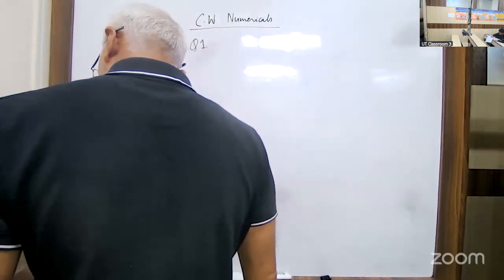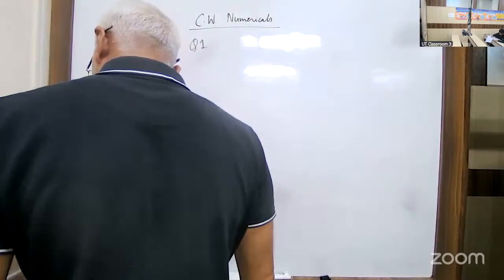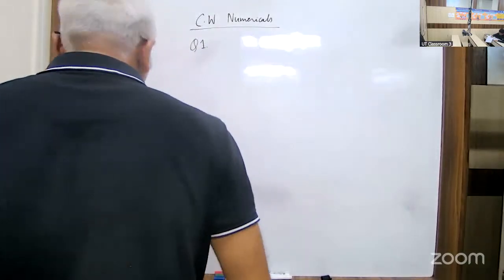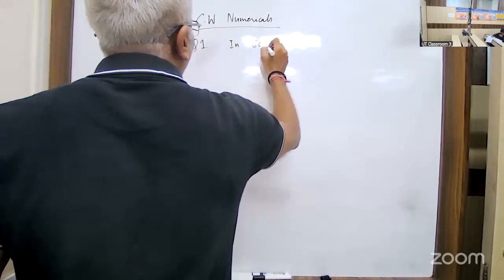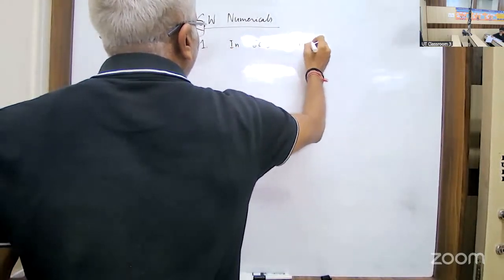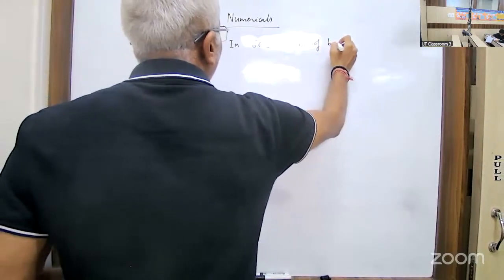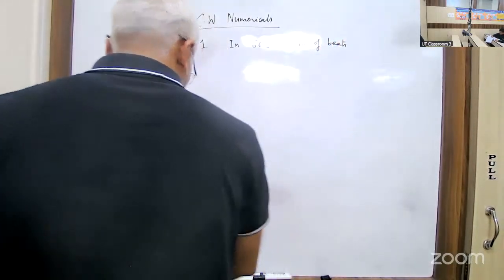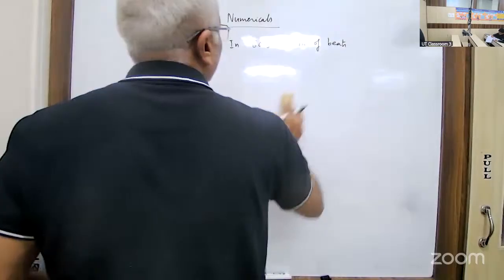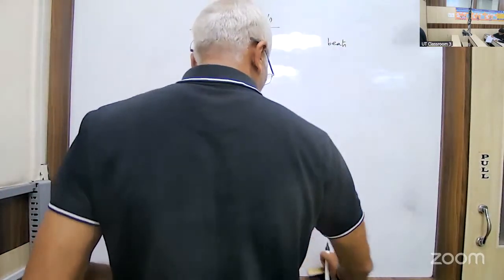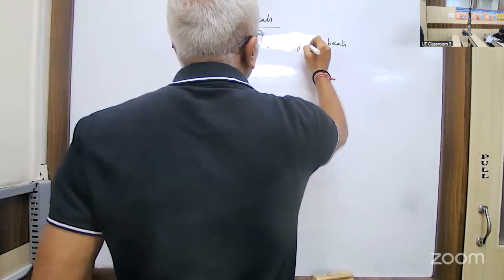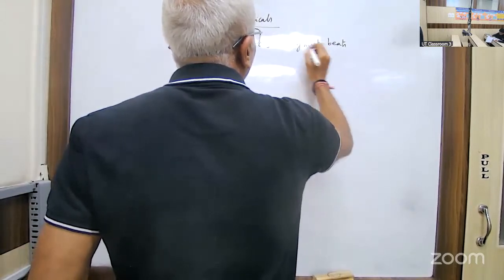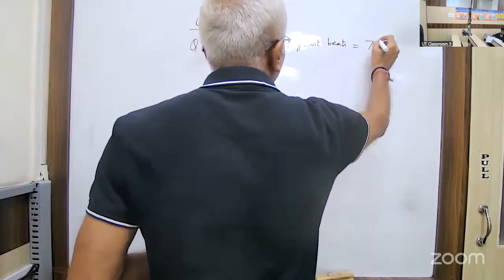Okay, heart of a man beats 75 times in a minute. Like in 60 seconds, number of beats, number of what beats? Heartbeats. Equal to how much? 75.